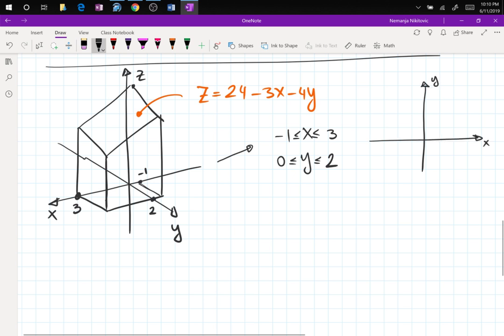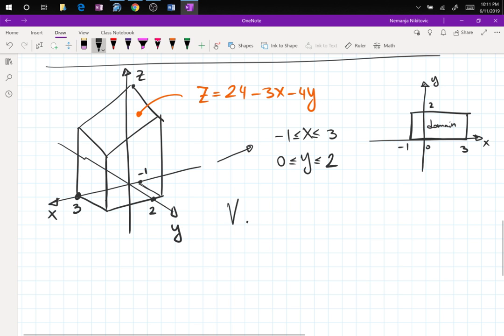X and Y. So x is from -1 to 3. And y is 0 to 2. So this is my domain. And you see it's a rectangle from -1 to 3, from 0 to 2. Those are the limits of integration, so it's important.